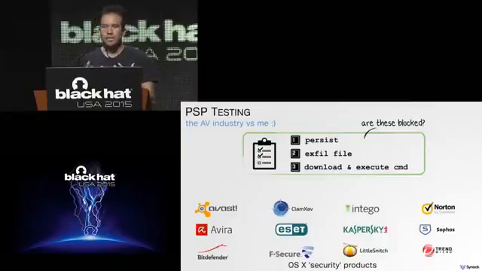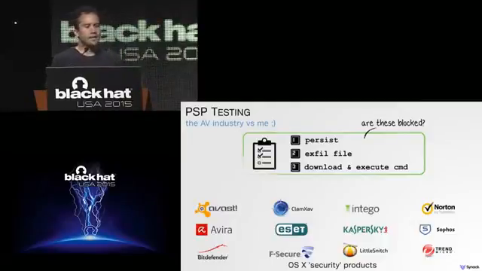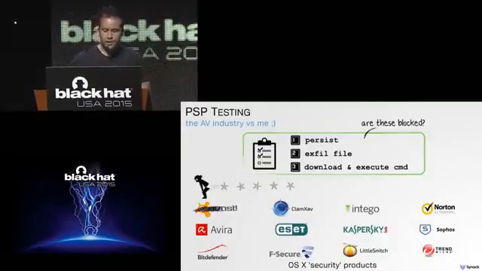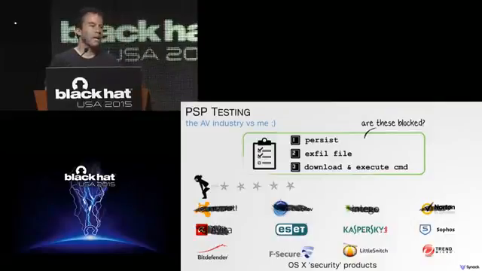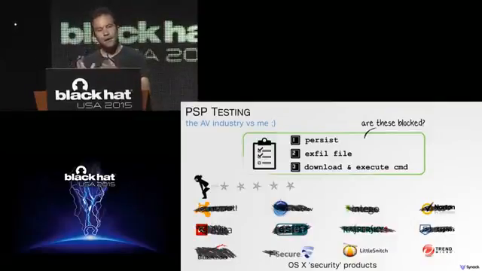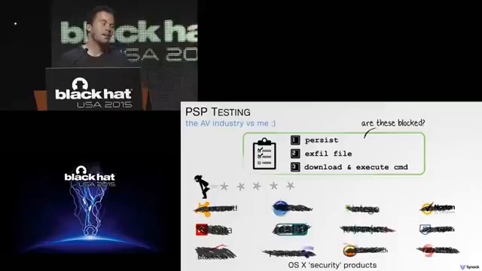I tried to skew the test towards these antivirus products, which you have to pay for. If they detect the persistence, the exfiltration, the download, the execute, any component of this, it was a fail for the malware and a win for the antivirus product. Really not too surprising here: none of them detected any of this. So this, in my opinion, kind of shows the ineptitude of this industry.